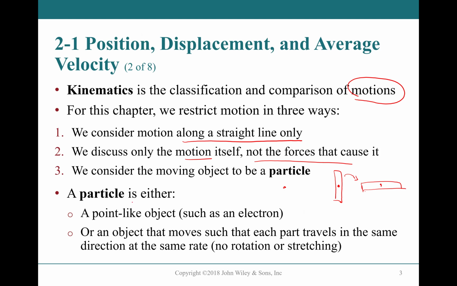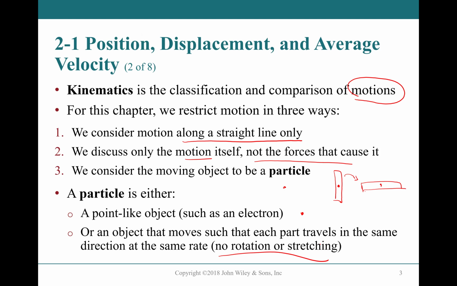So here we have the definition of particle. A particle is a point-like object, such as an electron. So you are not going to consider the shape. It's just a point. Okay, so an object that moves such that each part travels in the same direction at the same rate. So no rotation or stretching.